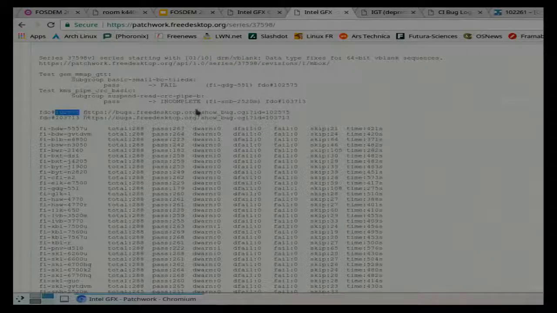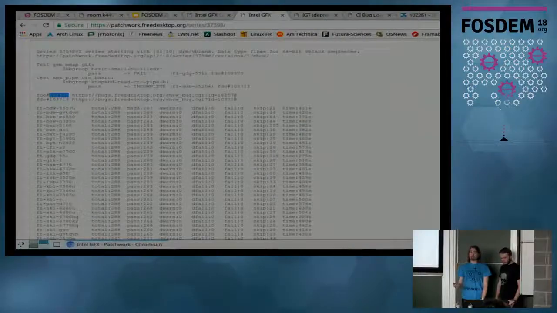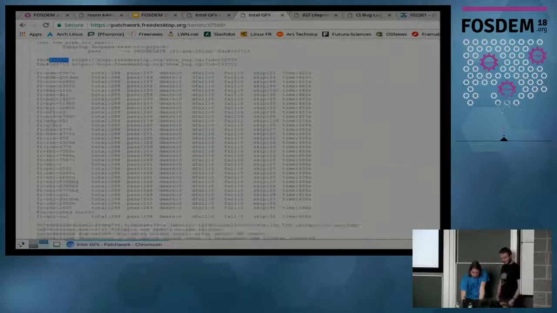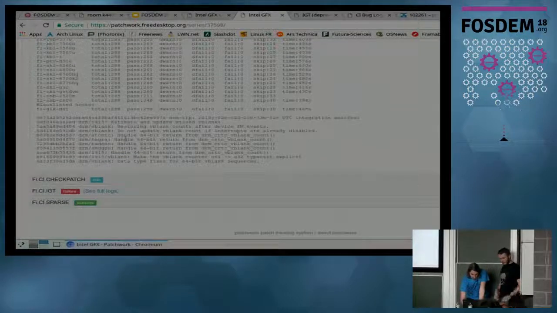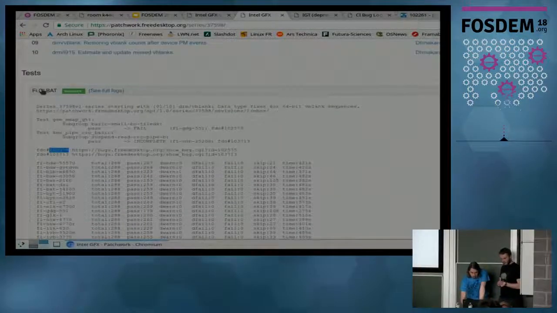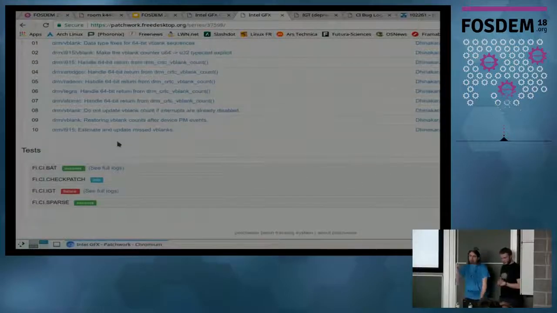You get here a link so you know where to go if you're interested in this failure. You can check if it is actually a false positive of the system that suppresses noise, or if it's exactly what you would expect. Then you can see the list of machines, how many tests got executed, how many passes, and how long it took, and the list of commits between the previous tested version and the new tested version.